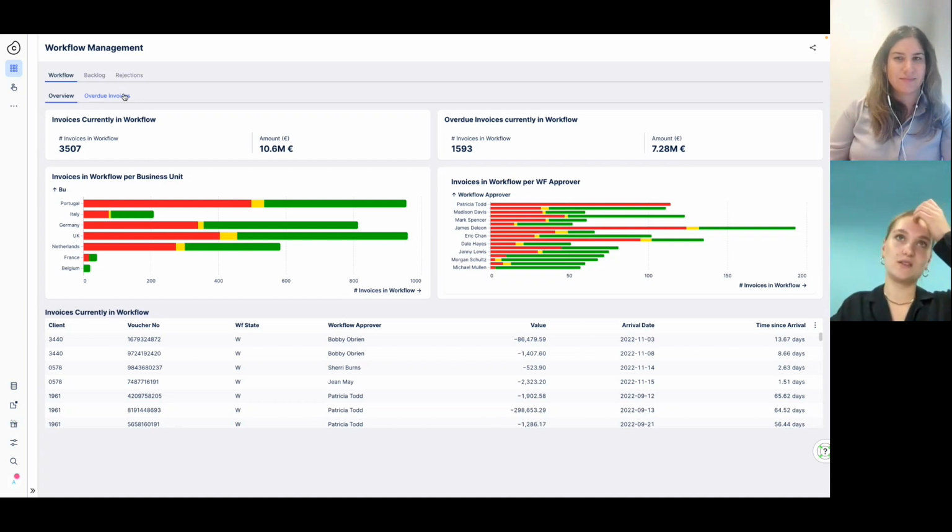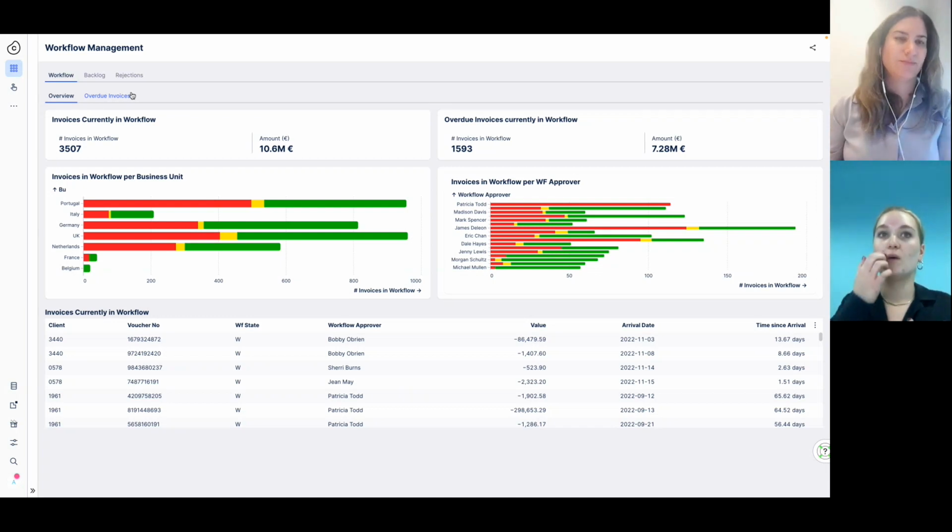Okay, so this is one way we helped the AP department save time in their invoice processing and really have one place where they can find all the information of what needs to be processed soon, what is nearing the overdue dates, what has priority.